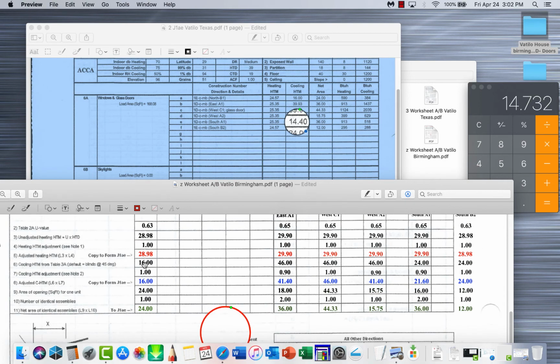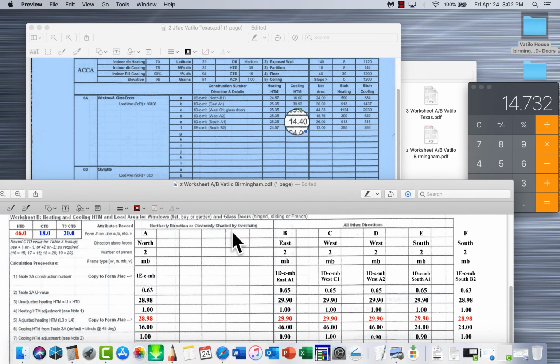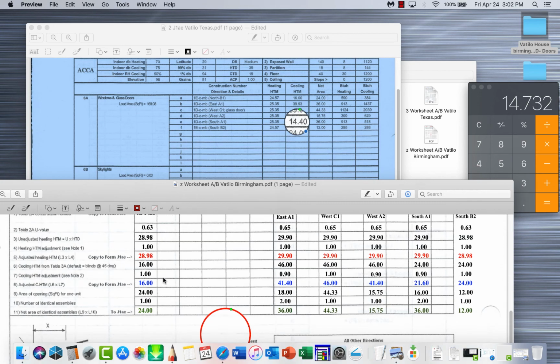Remember, all north windows, basically, since the sun is riding more toward the south, stay shaded completely, so we don't have to worry about those. So if it's a north-facing window, or obviously shaded by a tree or something, just use these numbers. There's your HTM, that would go right there. That'd be cooling HTM, that would go right there.